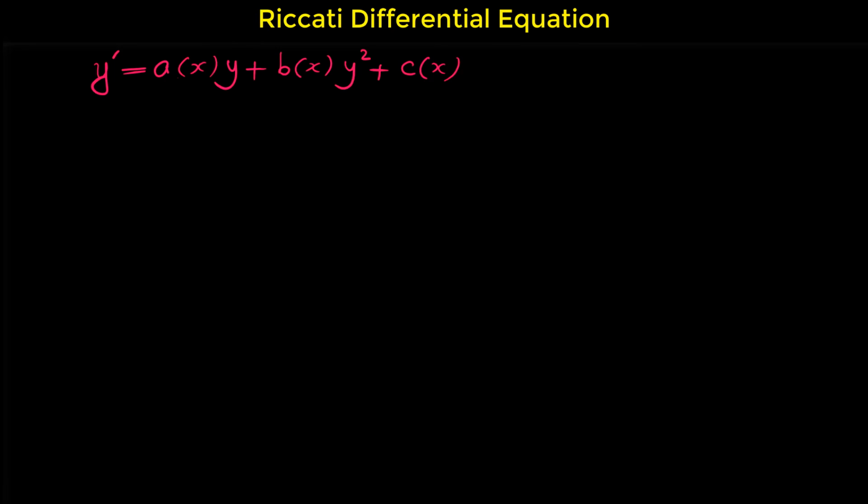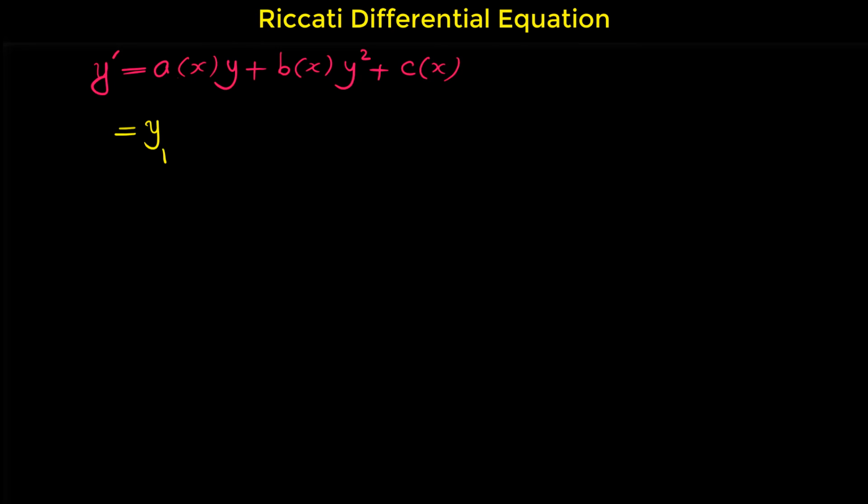If we have a particular solution of the Riccati differential equation, say y1, then we can find the general solution, the other solution of the Riccati differential equation, with this substitution.